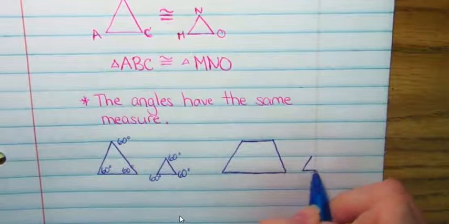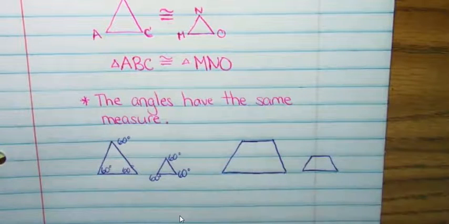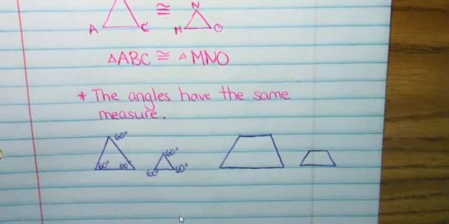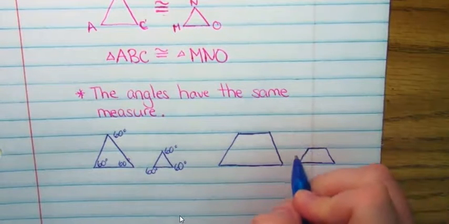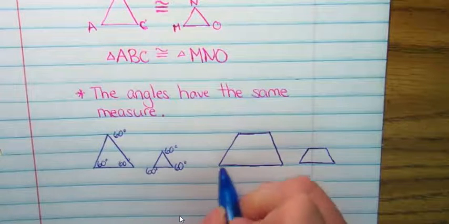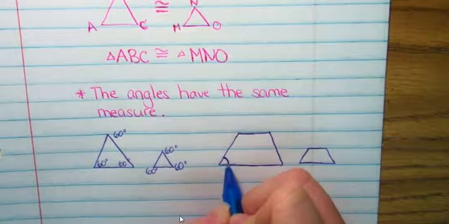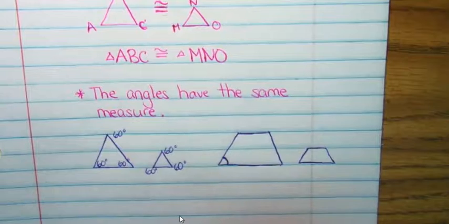So I'm going to draw 2 of them. I'm going to make them similar. Even though I didn't put letters on them, we're going to use symbols to show that they are the same. And to do that, we're going to use what we call little angle measures. It's kind of a swooped line almost.